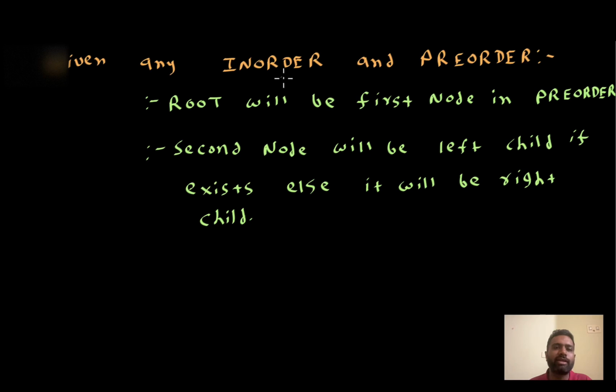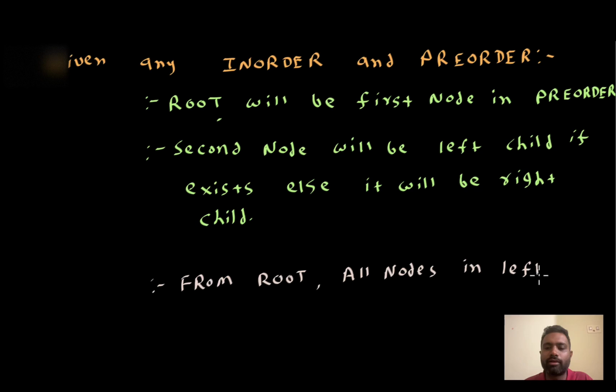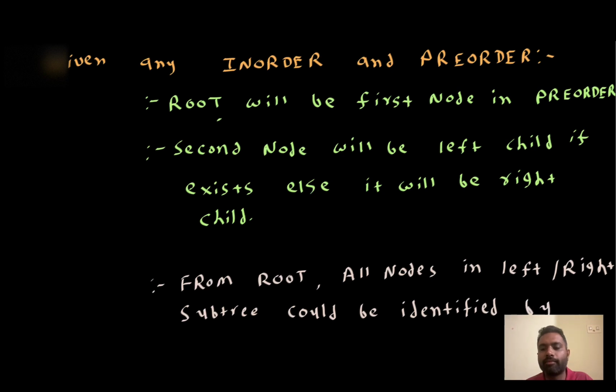So you have identified the root, then from the root all nodes in the left and right subtree could be identified by observing the in-order traversal.